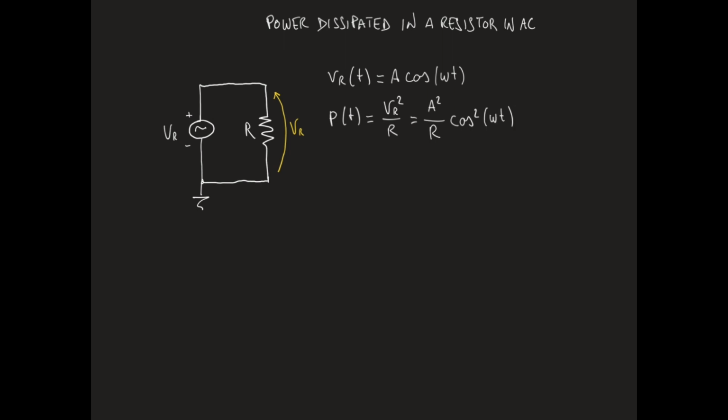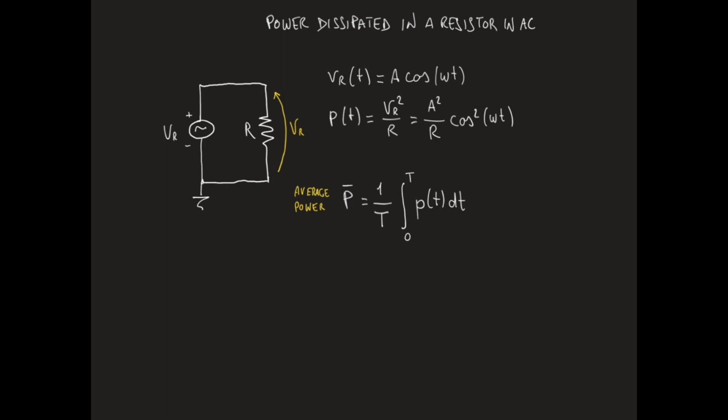We can define the average power dissipated across the resistor as 1 over the period of the sinusoidal signal times the integral between 0 and the period of the instantaneous power P of t in dt.